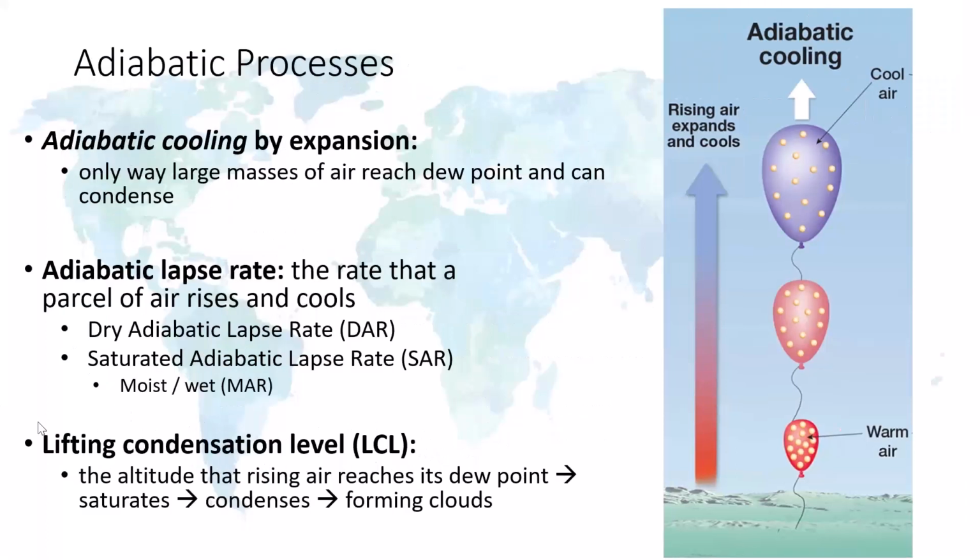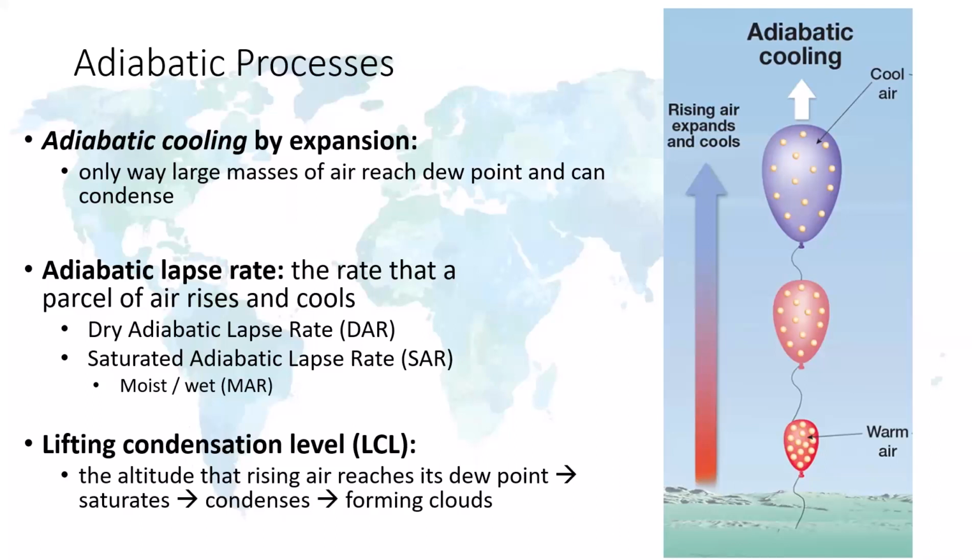The adiabatic process, which I was alluding to previously, is the cooling or warming based off of expansion. The reason that air parcels become warm or cool as they rise and fall is not because there's some kind of heat exchange. Instead, they cool through expansion, or they warm through compression.